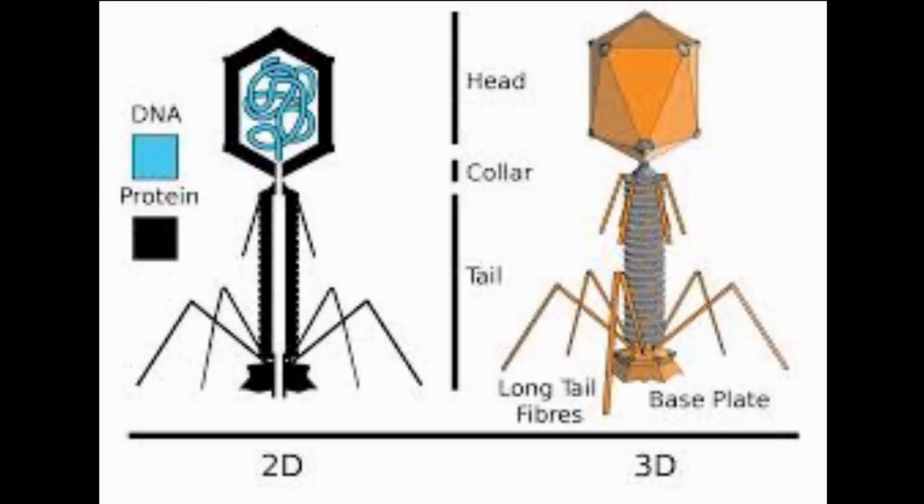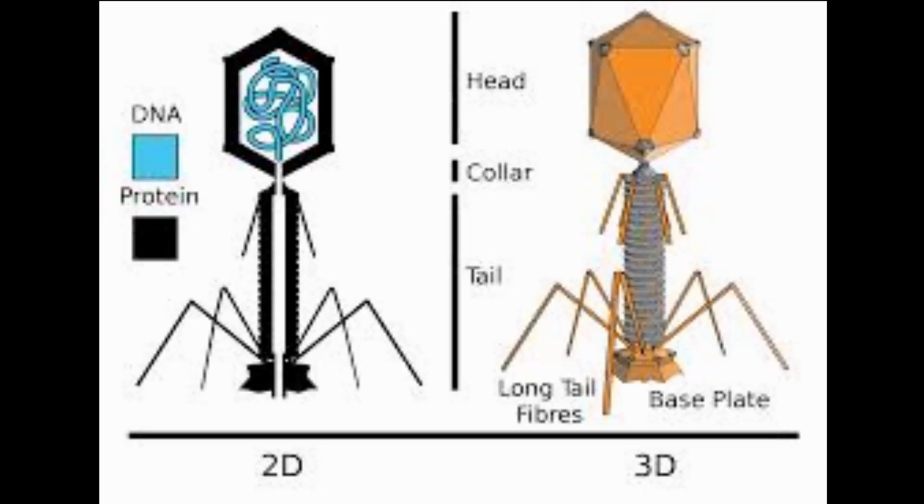In this picture, we have a diagrammatic demonstration of the 2D and 3D image of the phage virus. As you can see in the 2D image, the DNA is contained inside the capsid, represented as blue in this picture. And the infection apparatus at the lower part has a tunnel through which the DNA gets injected into the cell once the apparatus attaches itself to the cell.